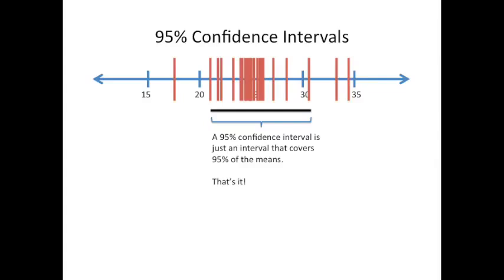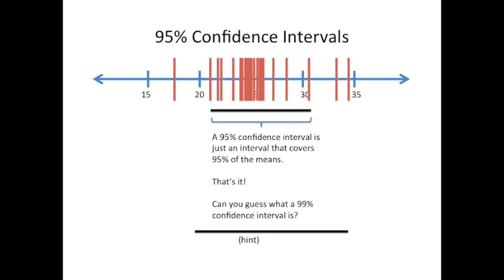That's it. That's all a confidence interval is. Nothing more, nothing less. Can you guess what a 99% confidence interval is? Here's a hint. It's wider than a 95% confidence interval. Alright, I'll tell you. It's just an interval that covers 99% of the means that you calculated when you bootstrapped the sample.